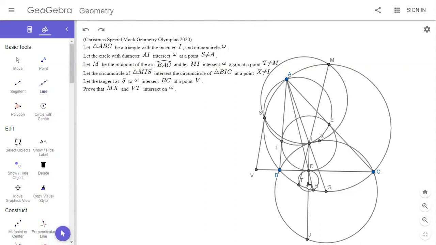But basically, once we do show that, we can then use the radical axis theorem to show that TH and V are collinear. And then, I'm sorry, did you ask how?